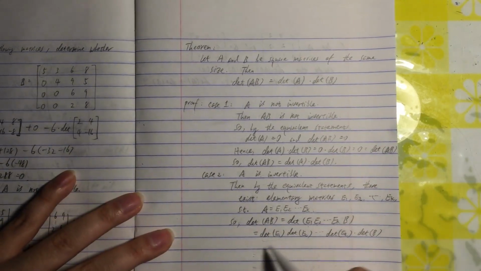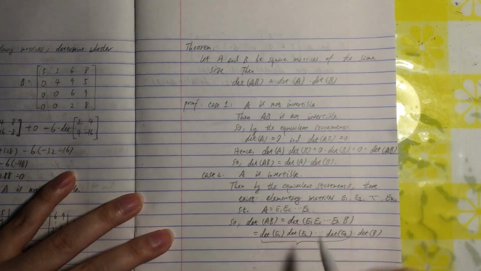Then, since E1, E2, EK are all elementary matrices, I can combine them together.